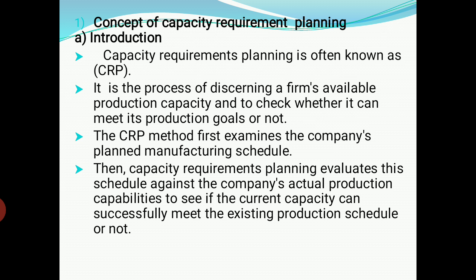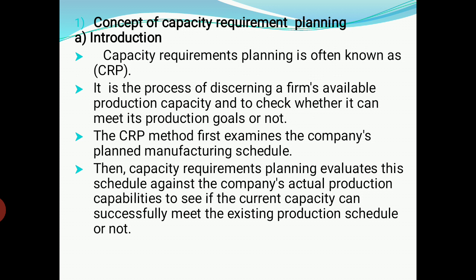So let us begin with CRP. If we want to understand the concept of CRP, we'll start from the very beginning, that is capacity requirement planning, which is often known as CRP. Now what is this? It is the process of discerning a firm's available production capacity and checking whether it can meet its production goals or not.